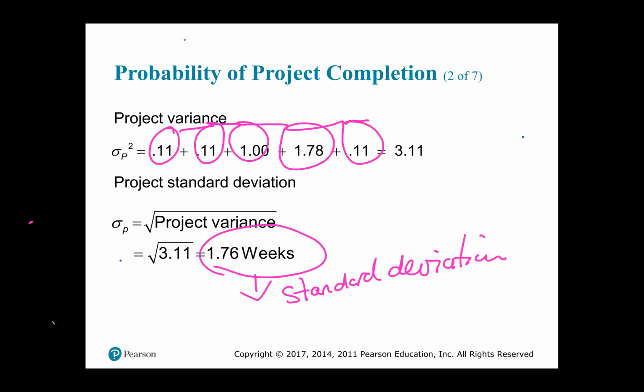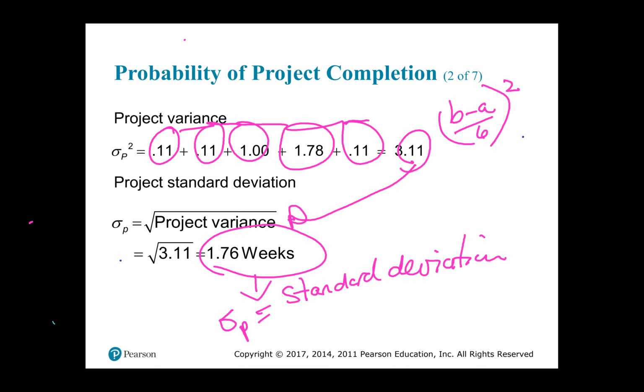We find those variances using the formula (b minus a) over 6, all squared. We sum them, and when we have found them, we take the square root. What does the square root of the variance give us? The square root of the variance gives us the standard deviation.